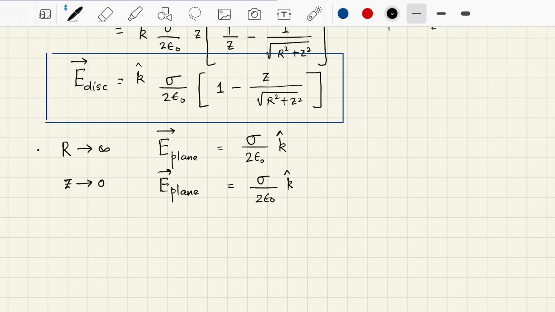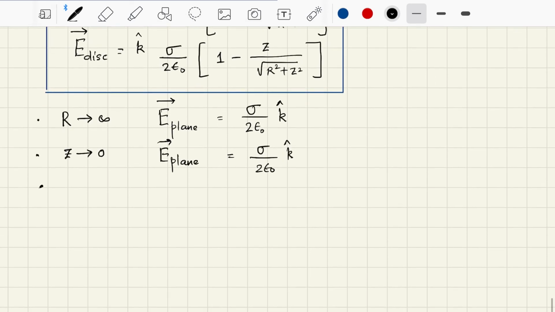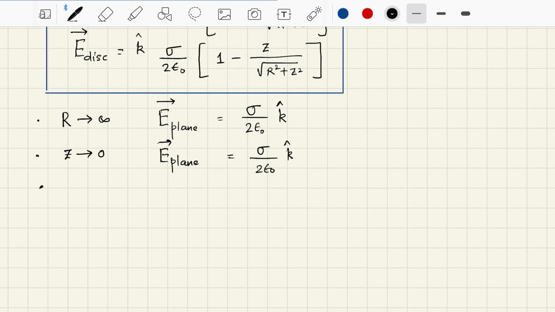So this is from Coulomb's law. One can obtain it for a small disk and then extend it to infinity by taking limits. There is another limit that we can look at. Suppose z goes to infinity. Of course, we know what to expect. It should look like a point charge.